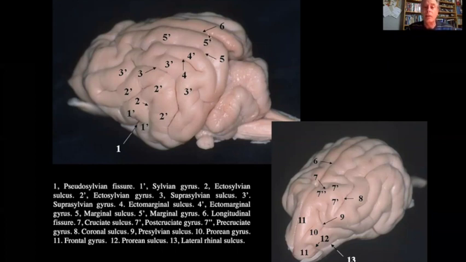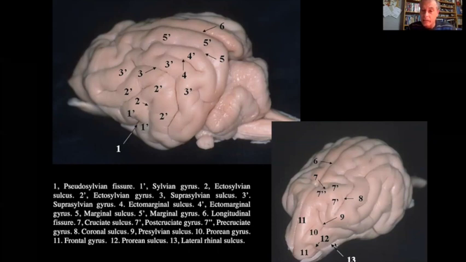And extending from the longitudinal fissure of the brain, we have the marginal sulcus, and the ectomarginal sulcus, separated by the marginal sulcus. Right, here. And this is the ectomarginal one.